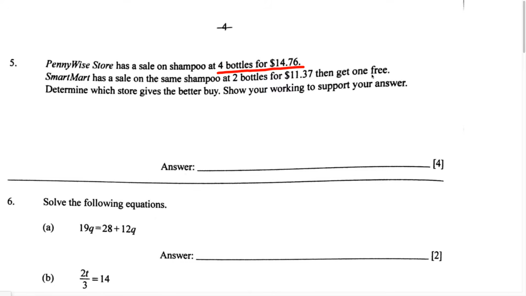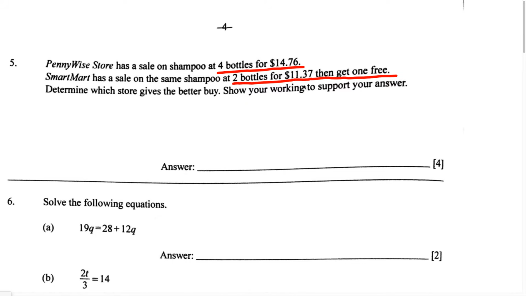So Smart Mart has a sale on the same shampoo for 2 bottles for $11.37, and then you get one free. Now the question says, determine which store gives the better buy. Show your working to support your answer.